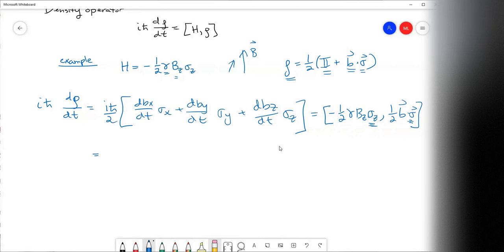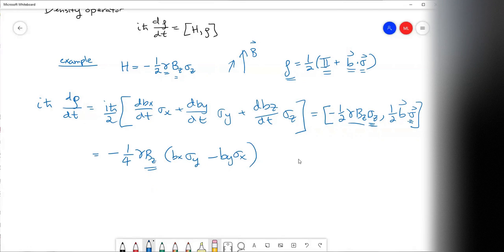And so using those identities, what you would find is that this is equal to minus a quarter, you got this gamma bz. This is the z component of that b field. And what you would get is bx sigma y, that's from the commutator between sigma z and sigma x, and minus by sigma x, like that.